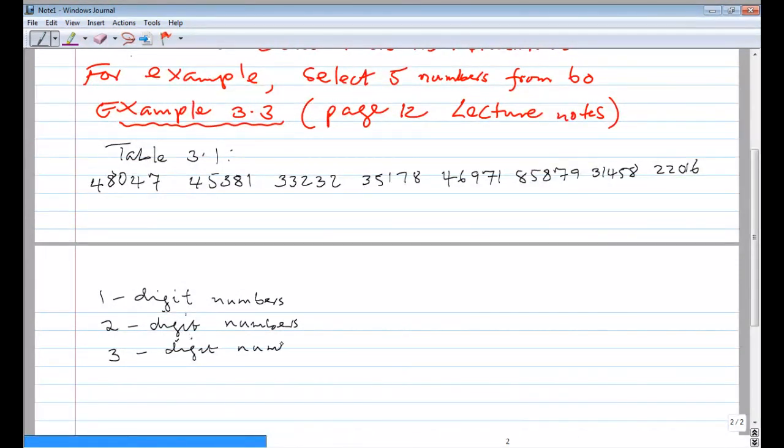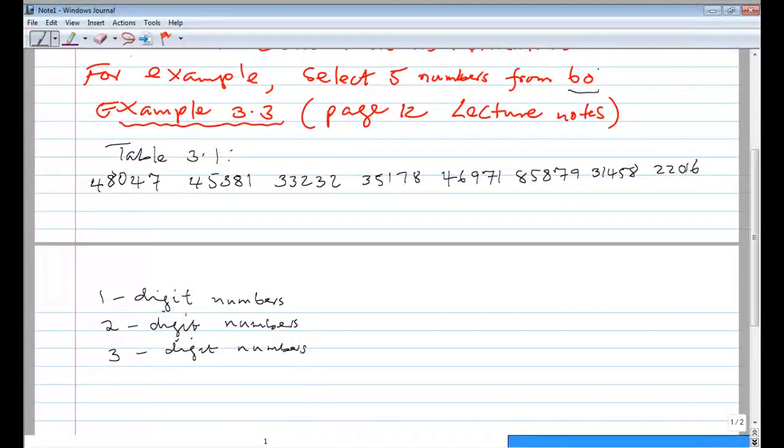In this case, you have been given a population of 60 numbers. If you check this 60 here, how many digits is it? It's a 2-digit number, isn't it?